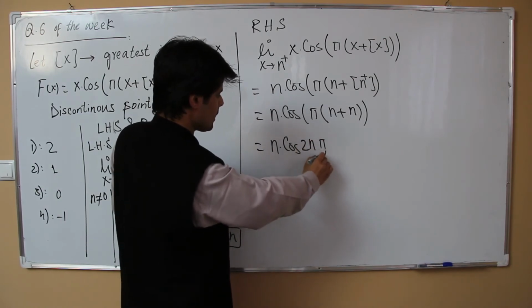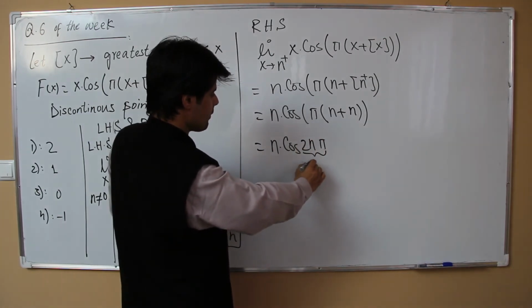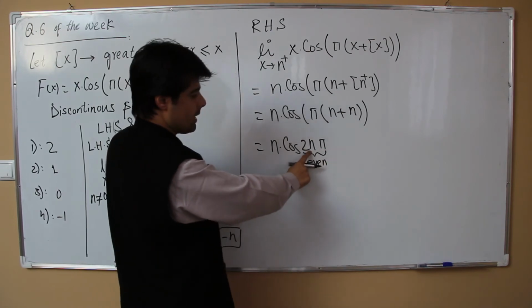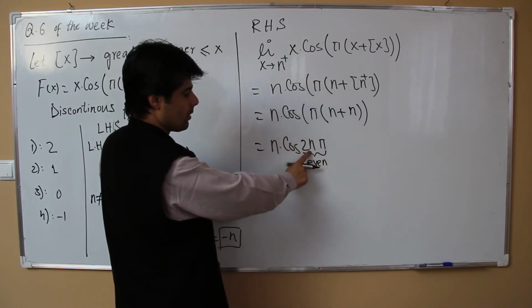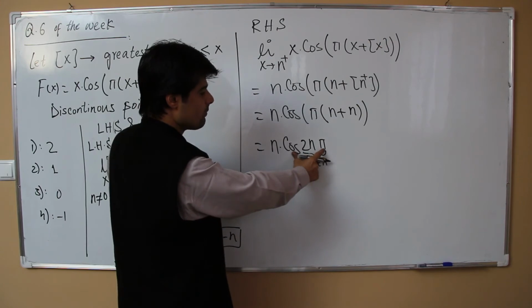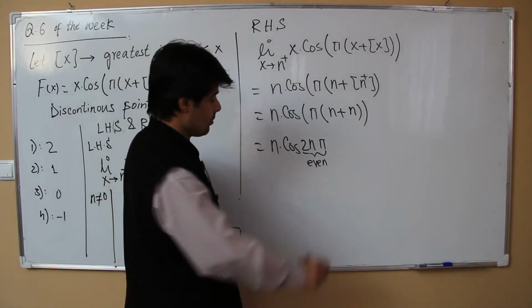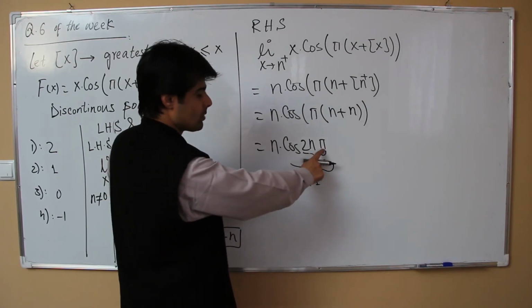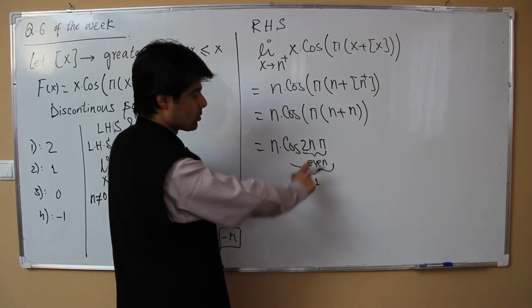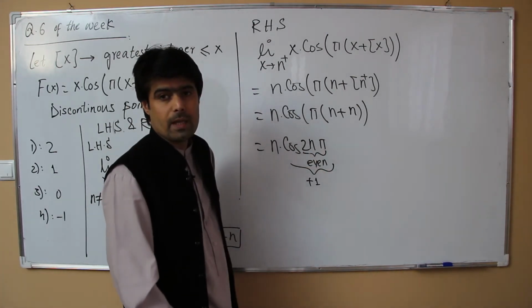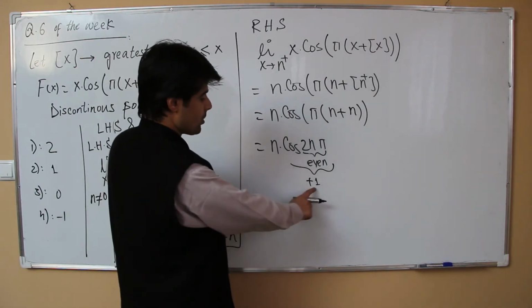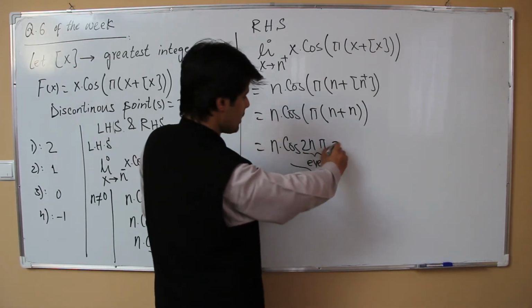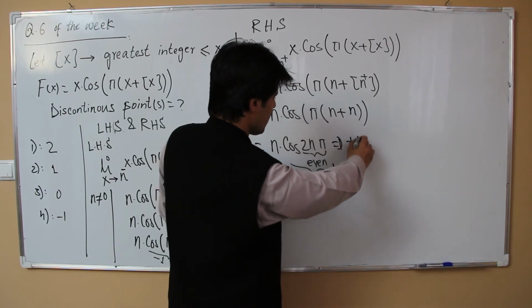Now 2n is an even number. If we have cosine of even multiples of pi, the value is positive 1. For example, cosine 2 pi is 1, cosine 4 pi is 1, cosine 6 pi is 1. Positive 1 times n is positive n.